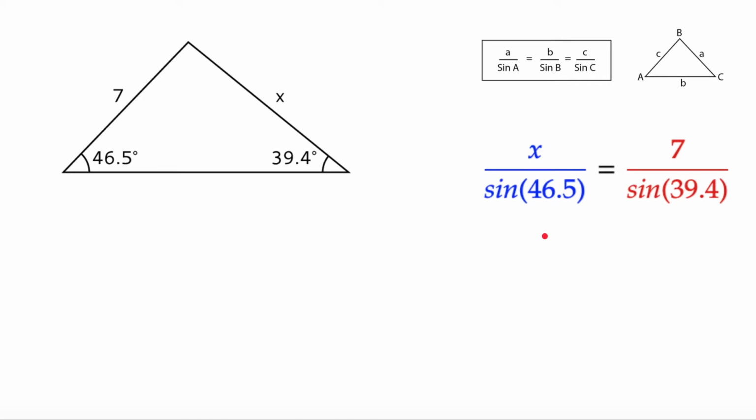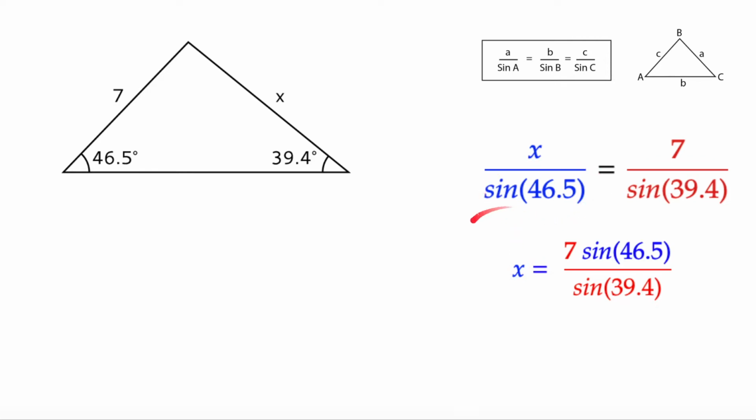Now it's important to make sure that your calculator is on degrees, not radians. So how do we solve this? We just want to isolate x because we want to find this side. We can solve algebraically like normal.